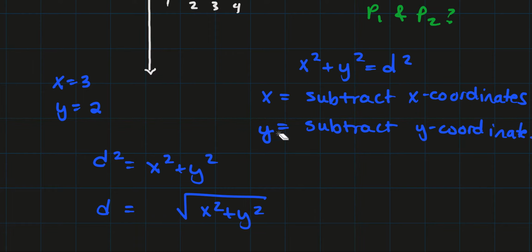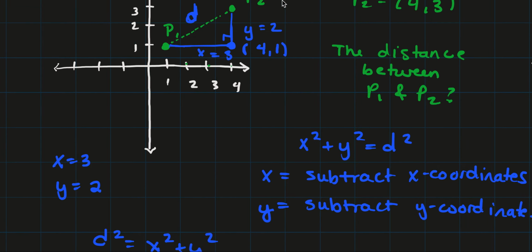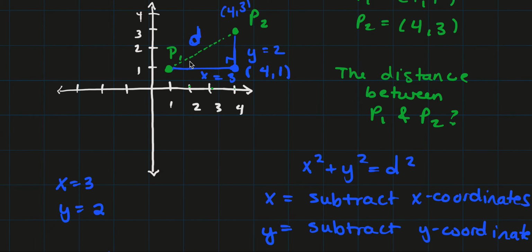So we're just going to take the positive square root. And so for this particular example, this is going to be the square root of 3 squared plus 2 squared, which is 9 plus 4, which is the square root of 13. That's going to be the distance, the length of this side of this triangle.